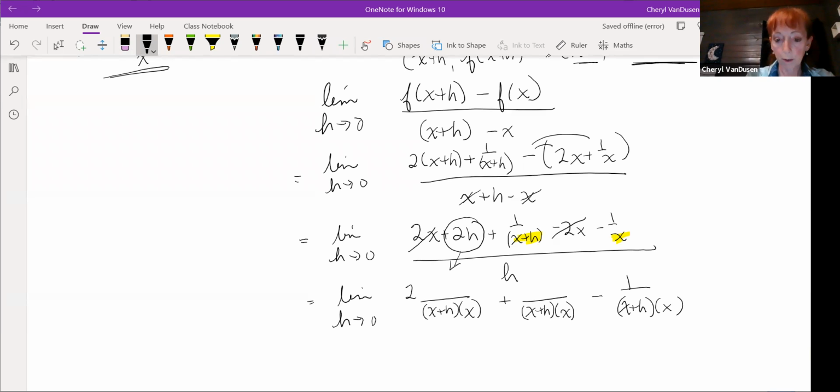So it's going to have to be multiplied and then all over the h that's just sort of hanging around the bottom.